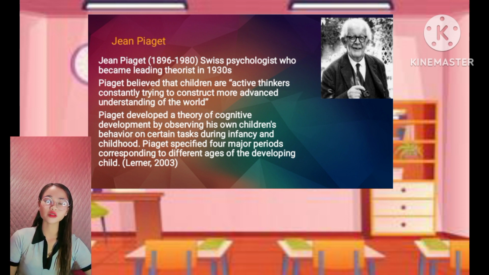Piaget believed that children are active thinkers, constantly trying to construct a more advanced understanding of the world. Piaget developed a theory of cognitive development by observing his own children's behavior on certain tasks during infancy and childhood. Piaget specified four major periods corresponding to the different ages of the developing child.